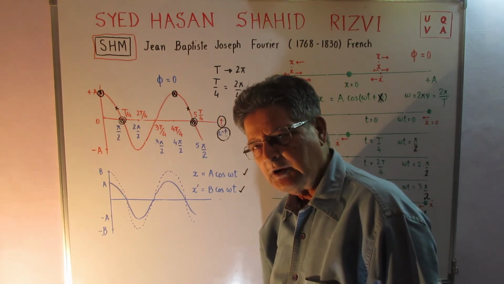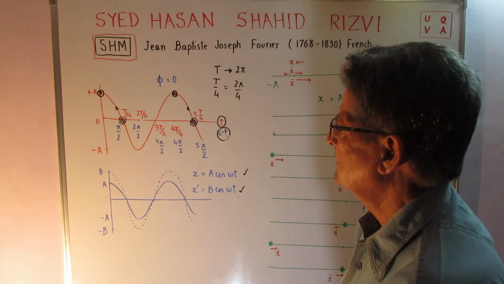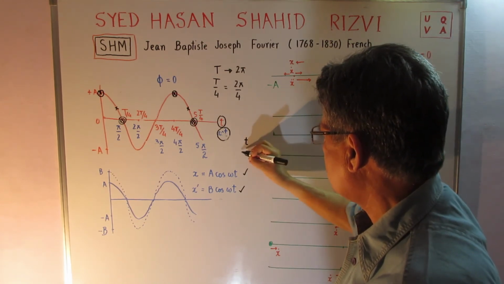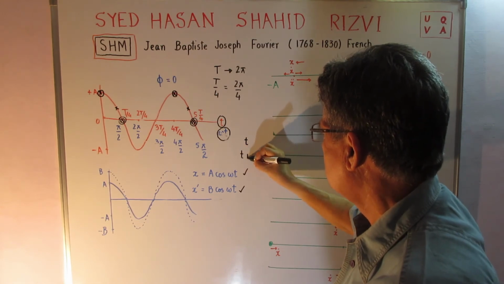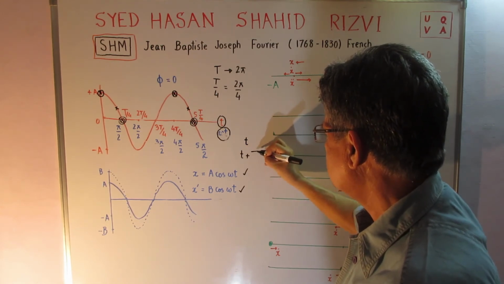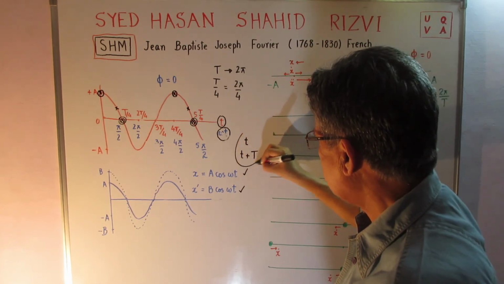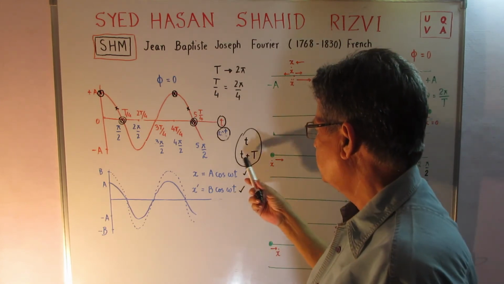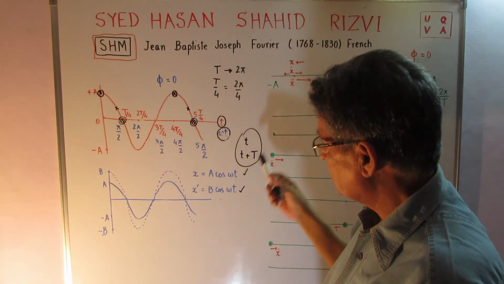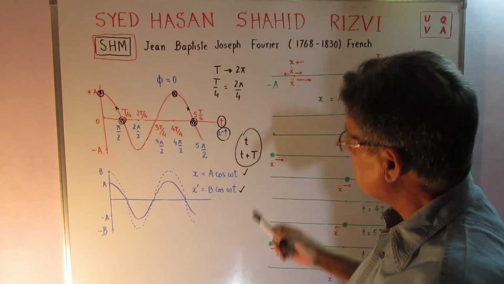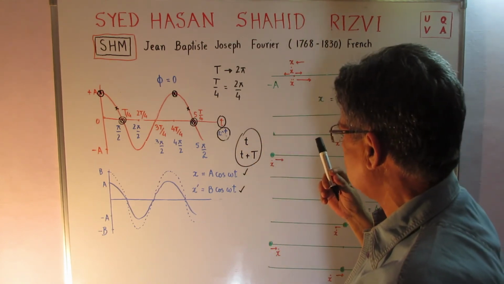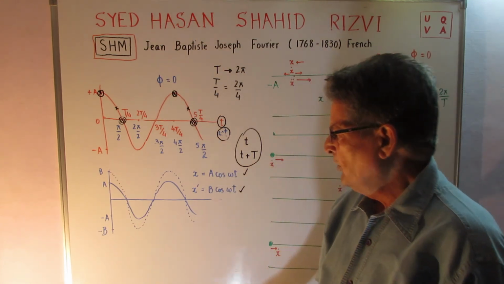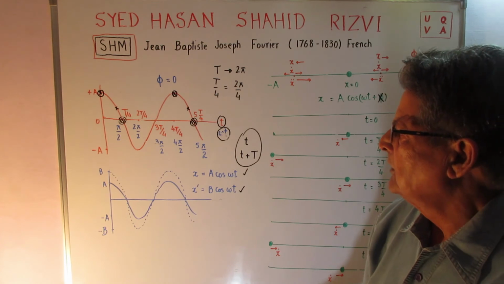So the periodicity, the capital T, is defined like this: if we have a time t, then let us look at a time t plus capital T. Whatever is available at time t, the same thing is available at t plus capital T, also at t plus capital T plus capital T, etc. So I hope you understand how the time period is defined.